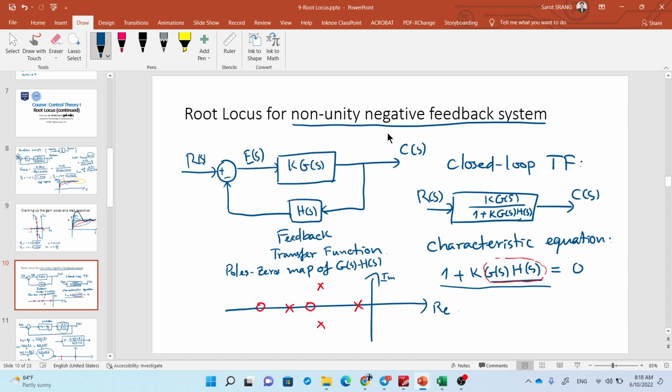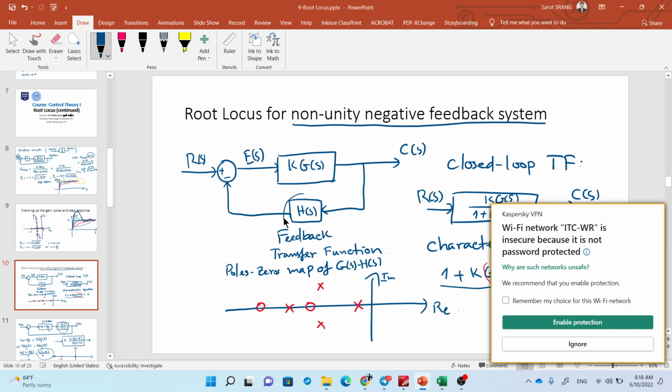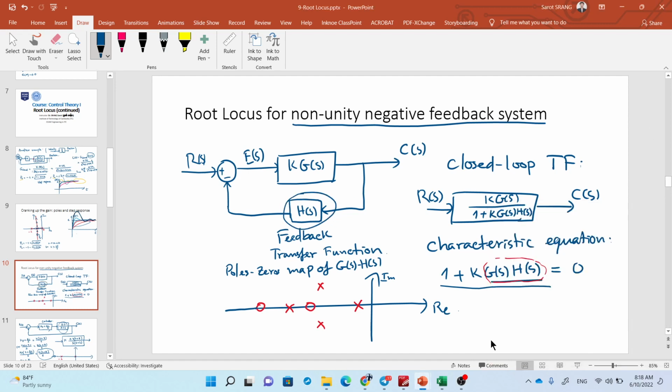In this case, for non-unity negative feedback, it means the feedback also has a transfer function. The most important thing is the characteristic equation. If we have non-unity negative feedback, h of s, then h of s appears here next to g of s. This is very easy to remember.